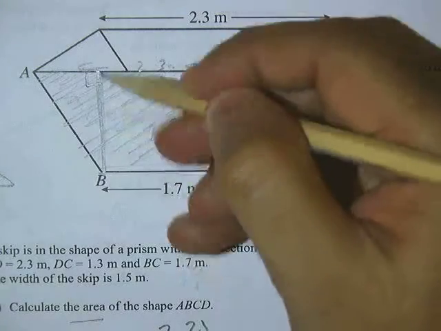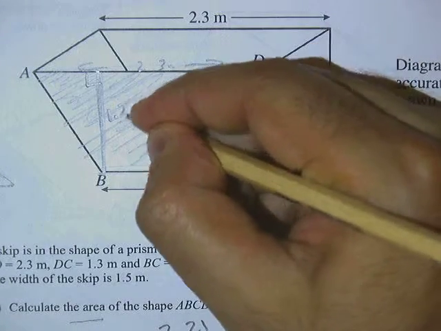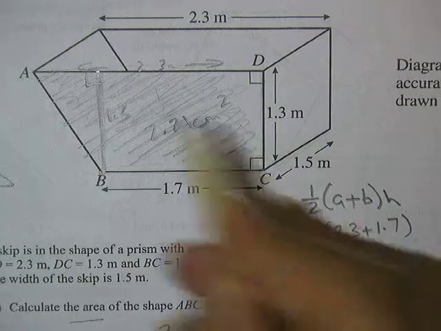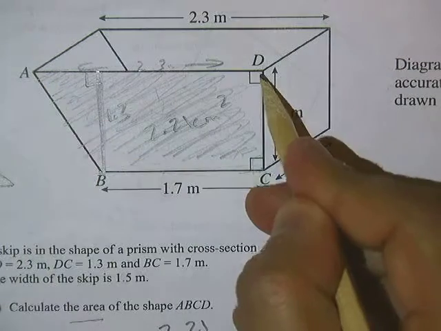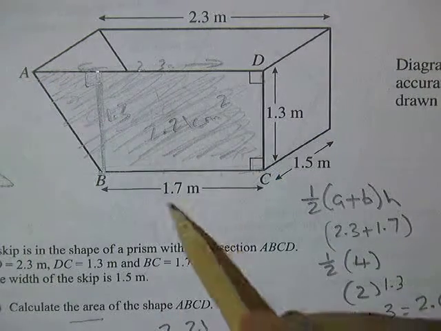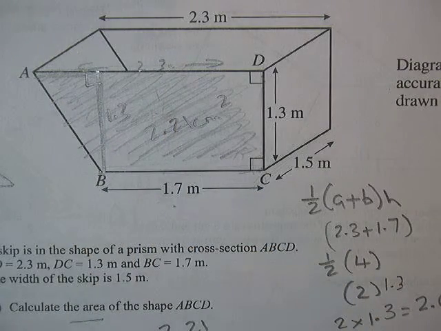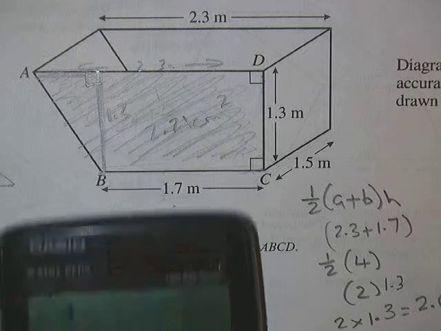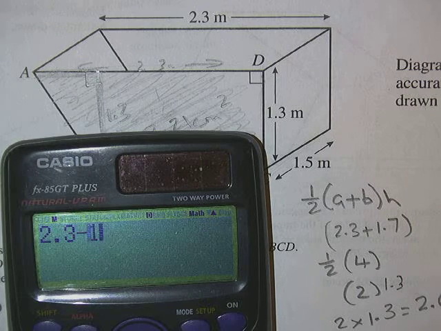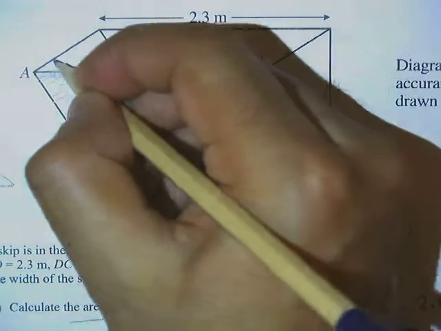The height of that right angle triangle is 1.3. There to there is 1.7. The whole length from there to there is 2.3. So if I take away 1.7 from 2.3, I'll get the little length I need for the base of the right angle triangle. 2.3 take away 1.7 gives an answer of 0.6.